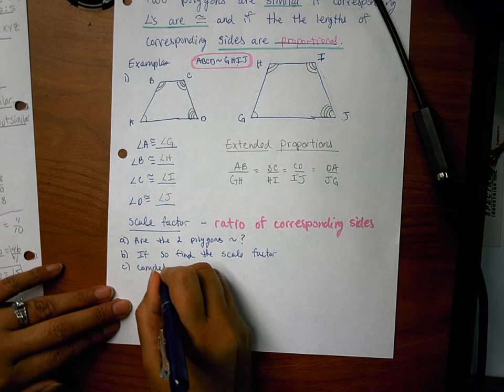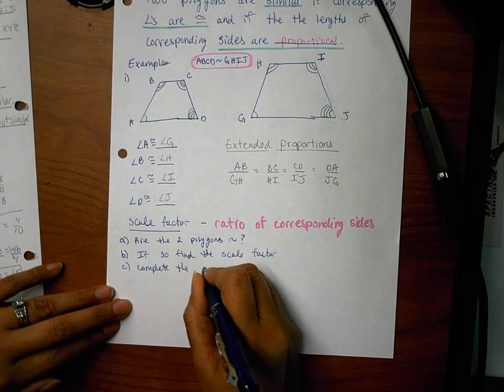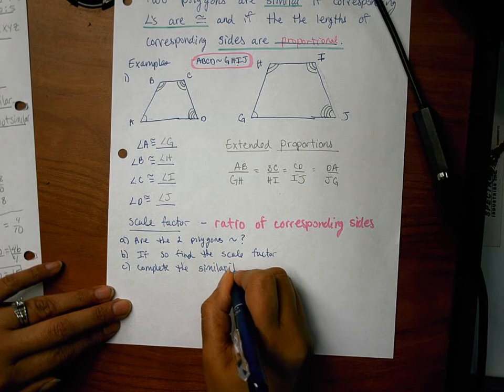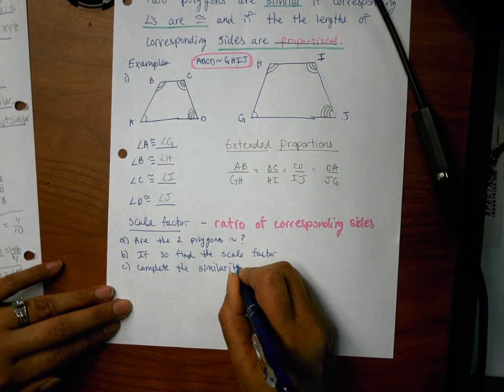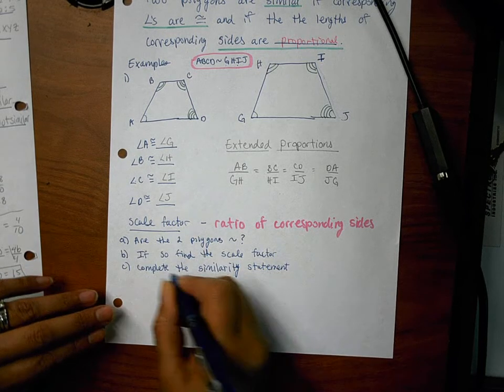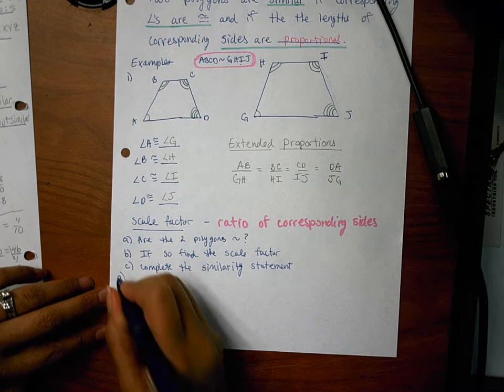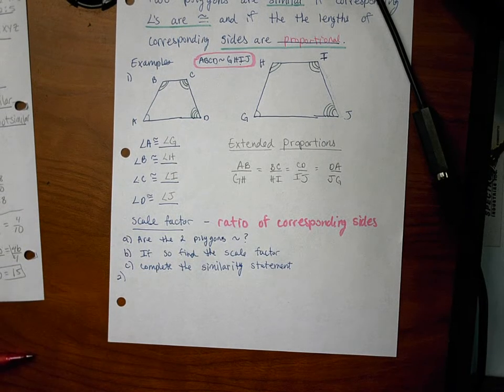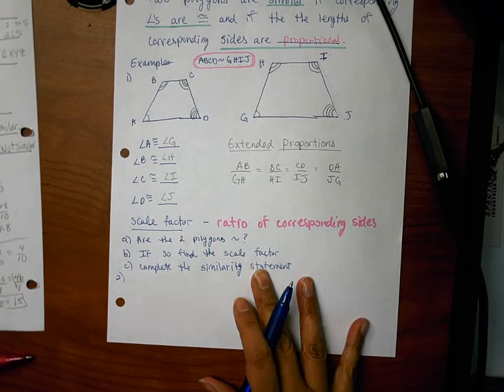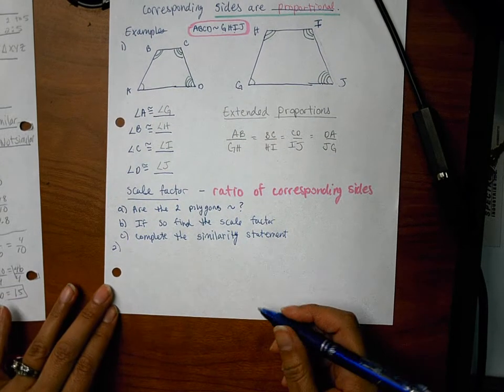And part C, complete the similarity statement. Complete the similarity statement. Okay, let's get started. That was one. We'll call this 2. Are the two polygons similar is part A.